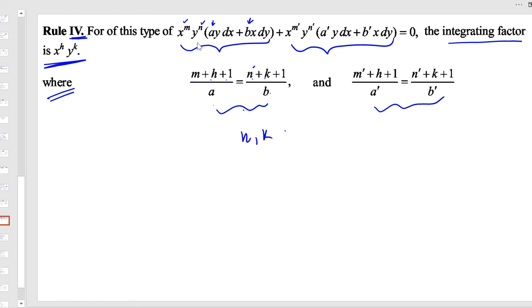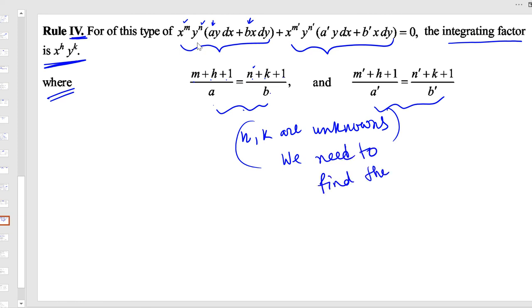We need to find them from these two equations. So two equations and two variables, we can easily find them.